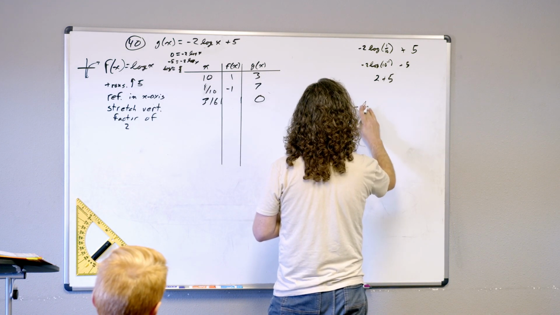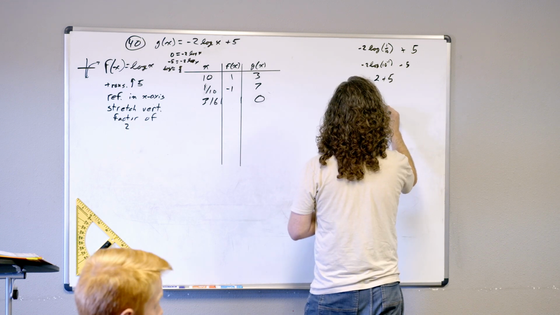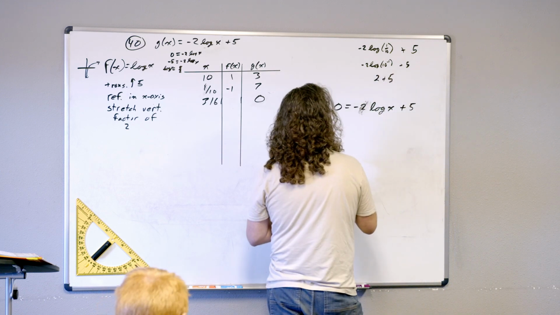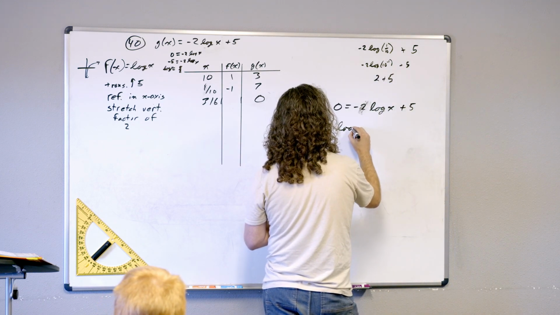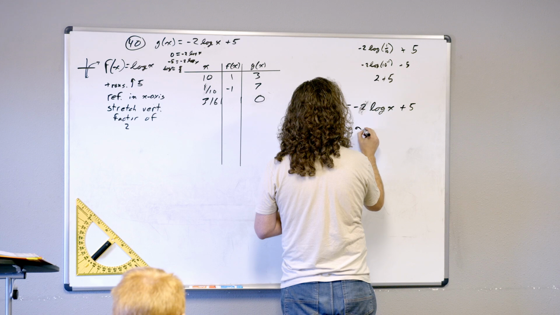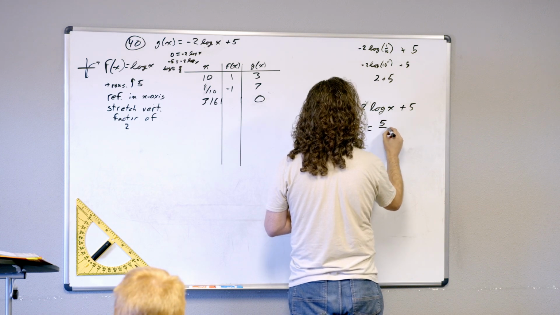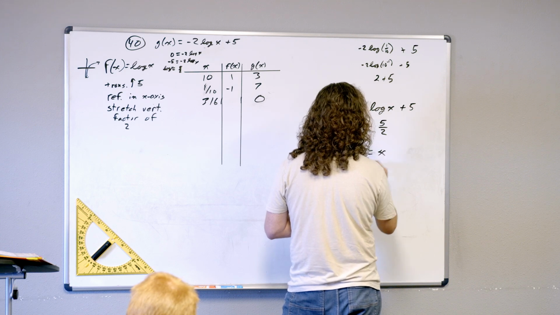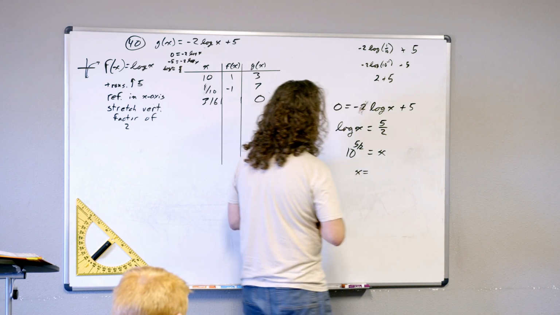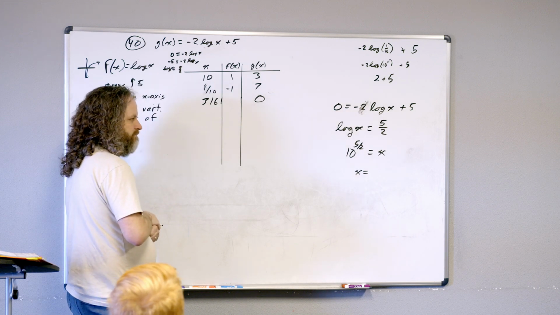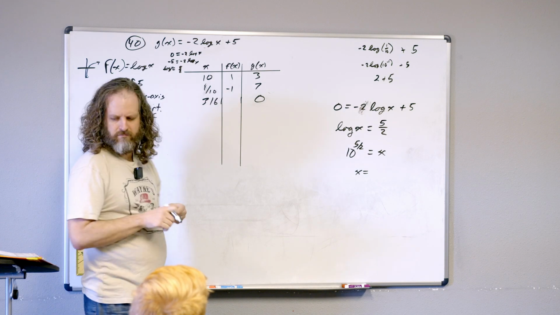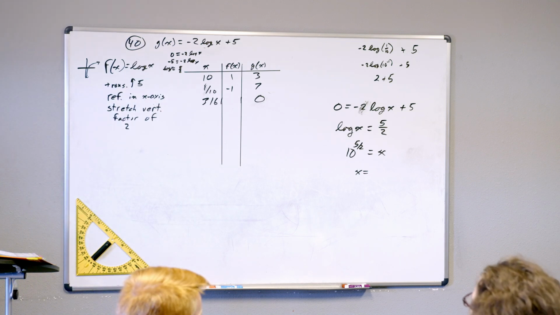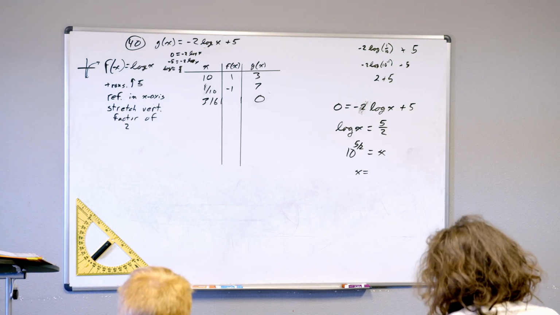Negative 2 times the log of x plus 5. Subtract the 5 and divide by negative 2. So the log of x equals 5 halves. 10 to the 5 halves equals x. X equals what? What you punched in should have been right. That's correct, but it just doesn't make sense.